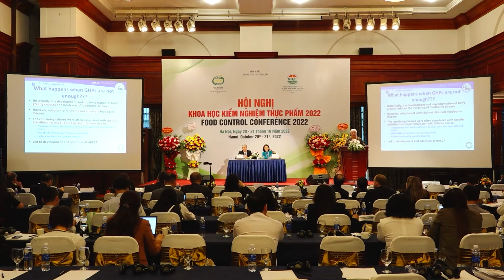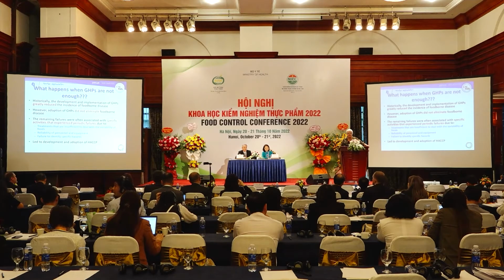Historically, we looked at the development and implementation of good hygiene practices. They have greatly been effective in reducing risk, and that's why you see them being employed around the world. But these aren't always enough to eliminate foodborne disease.